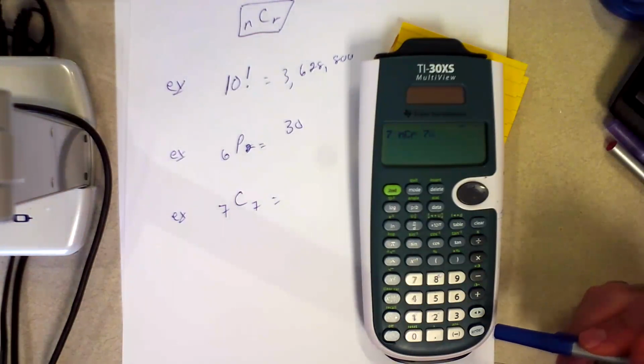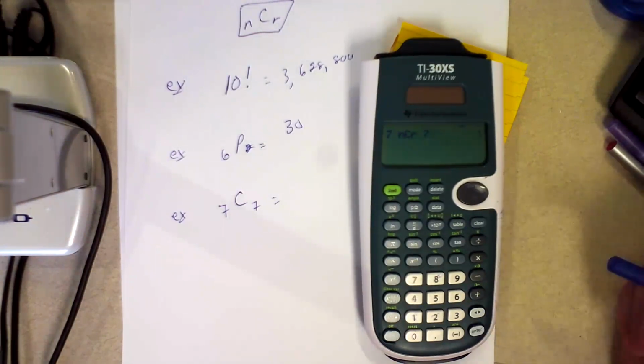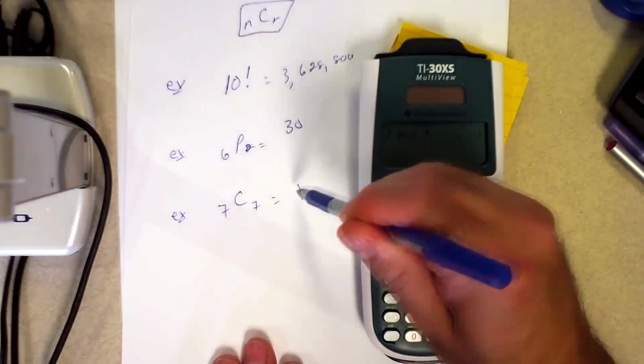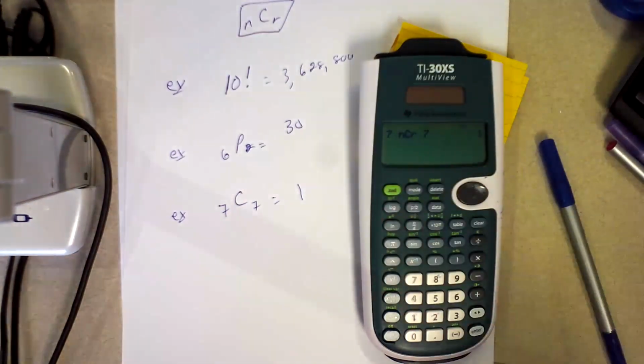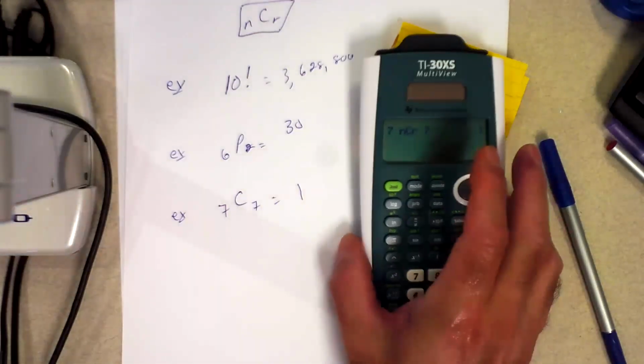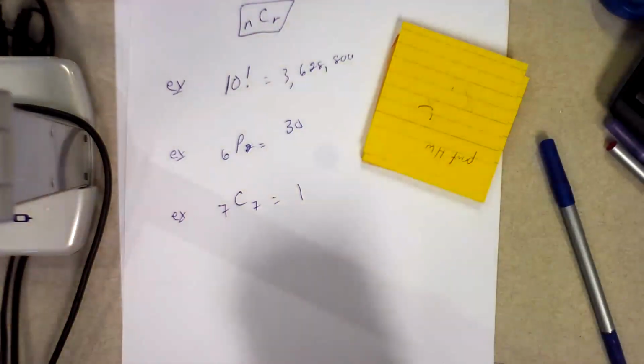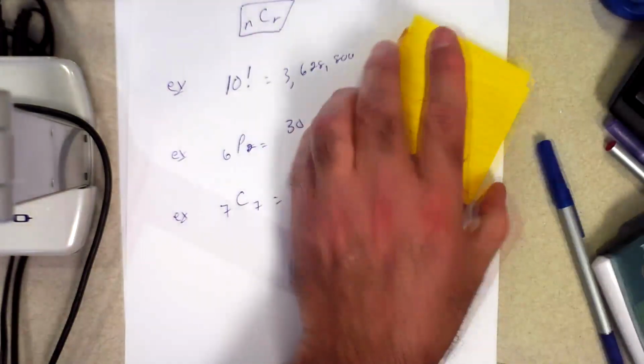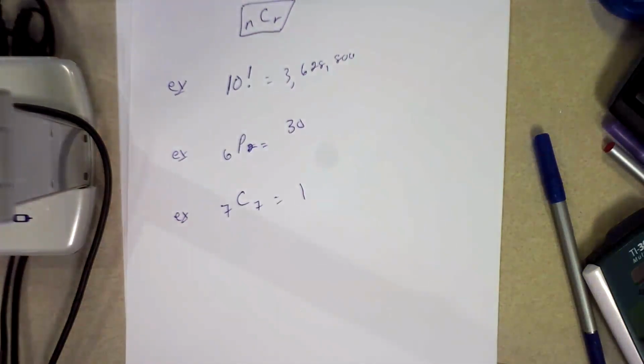Interesting what the result's going to be. It is 1. Weird, but it's 1. So those are the three functions that we're going to be using in a little bit, and in the next section we'll cover the word problems.